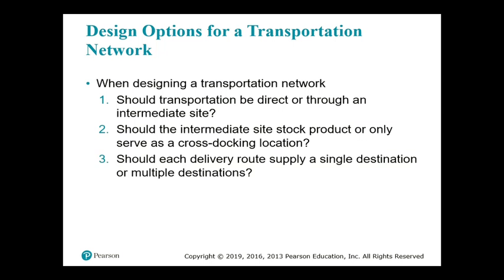And finally, when we are delivering products to customers, should we do a single destination on each delivery run, or should we include multiple destinations? Combinations of the answers to these three questions will lead to different designs of our transportation network.